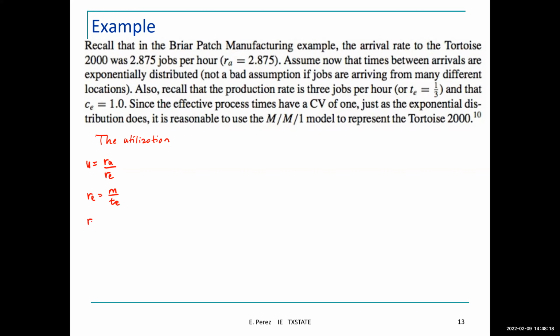So that means that RE equals 1 divided by 1/3, so RE equals 3. Then the utilization equals 2.8075 divided by 3. So this is equal to 0.9583.